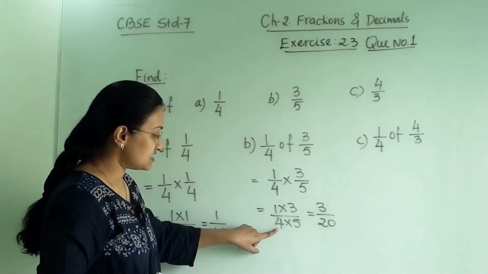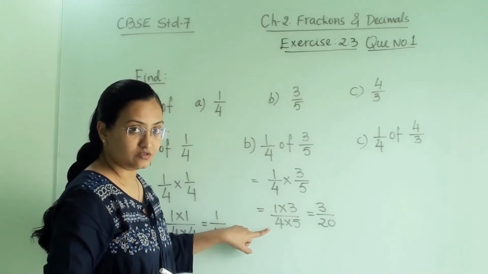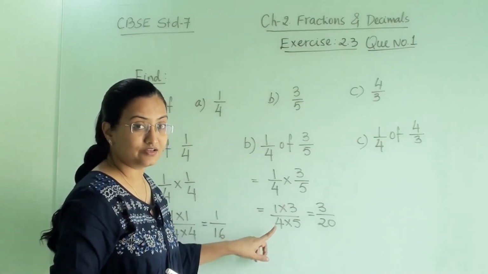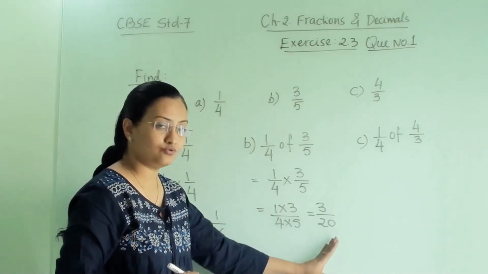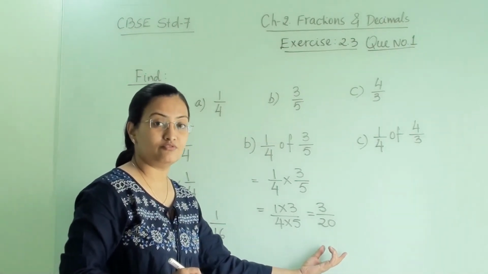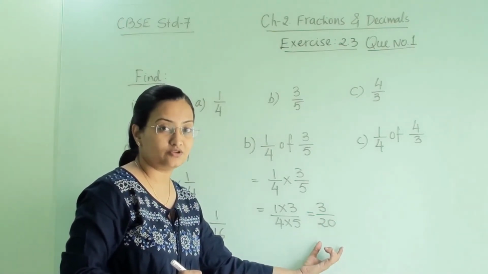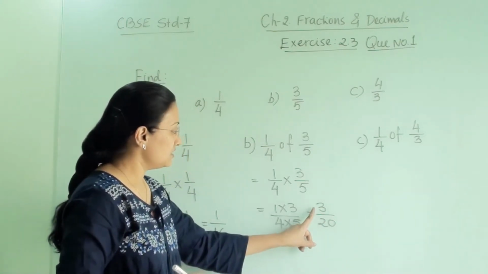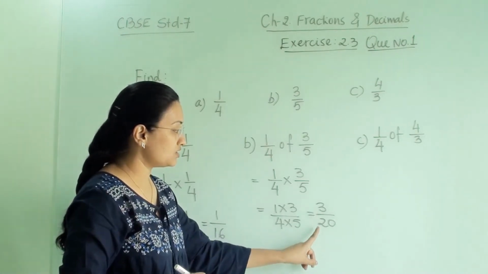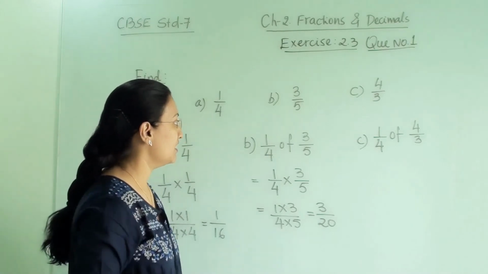At this step, if you can see that something you can reduce or cut, then you have to do that and then write the answer. Or once you write the answer, if you find that we can reduce it to the lowest term, then you have to do that. Here 3 and 20, we cannot cut anything, we cannot divide anything. So this is going to be our answer.